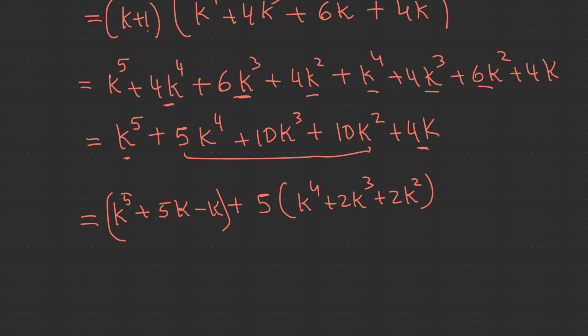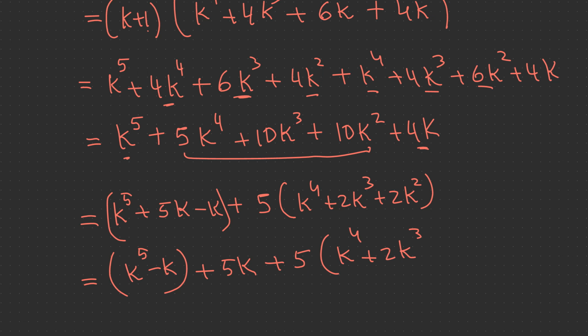So that is equal to k to the power 5 minus k, plus 5k, that's a multiple of 5, plus 5 times k to the power 4 plus 2k cube plus 2k square.